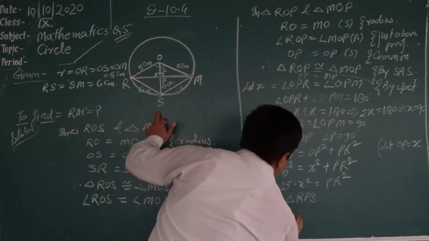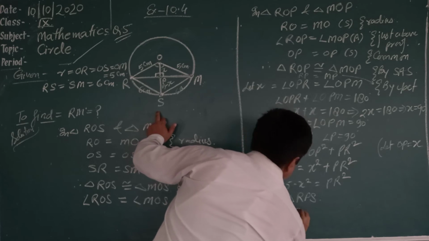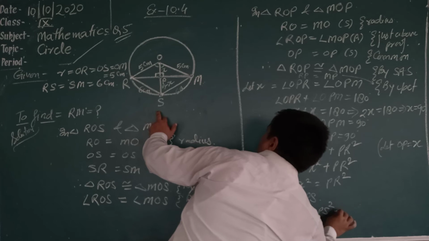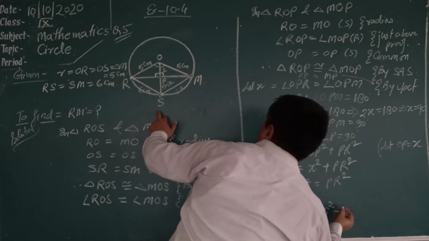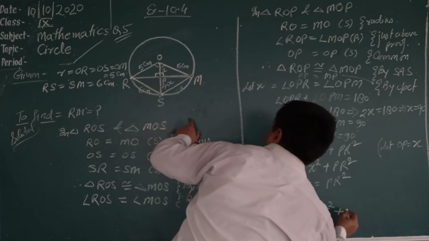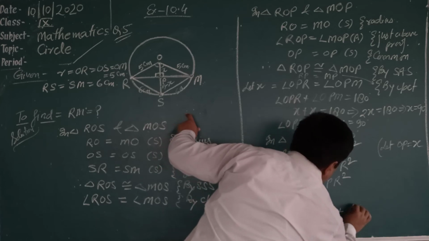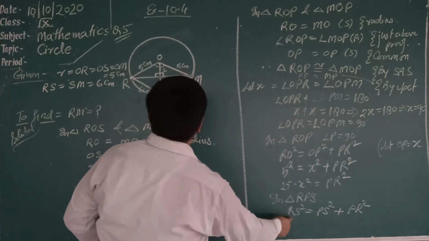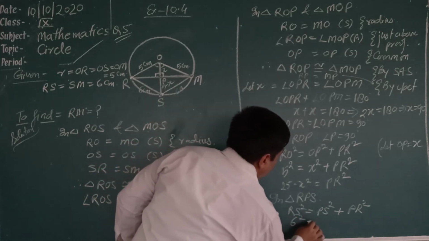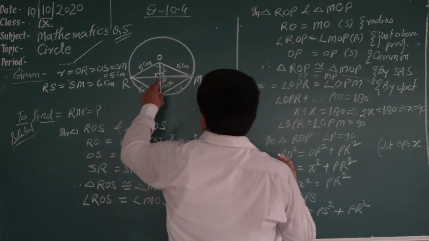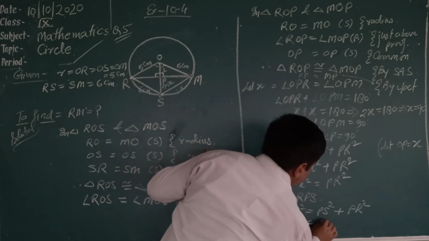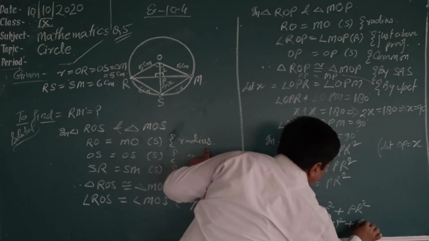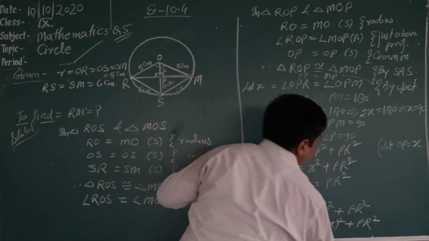Therefore what we write, RS square equals PS square plus PR square. Okay, so now what is RS, that is 6 square, and PS is 5 minus x whole square plus PR square.